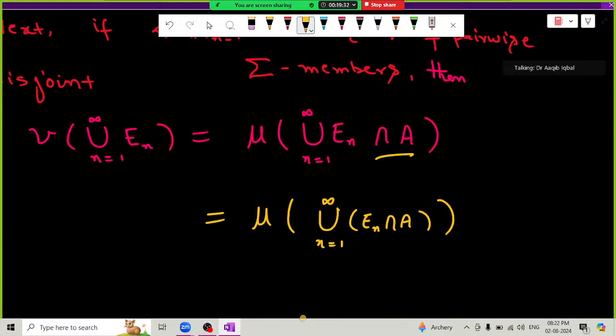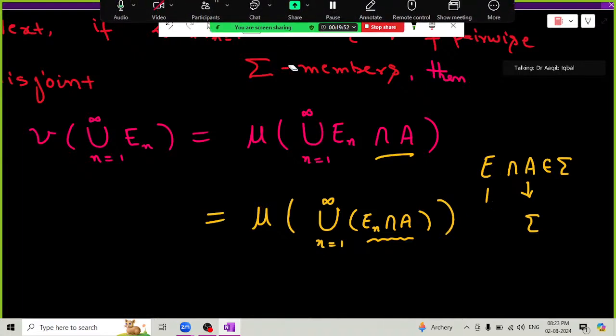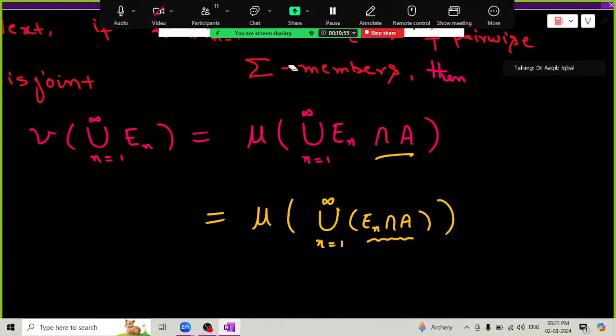Okay. Now what is this? This is a part of En and it's actually a sigma algebra member. This En intersected with A belongs to the sigma algebra. Why? Because the Ens are coming from the sigma algebra and A being a positive set is also coming from the sigma algebra, so the intersection will be a sigma algebra member because a sigma algebra is closed under countable intersections.